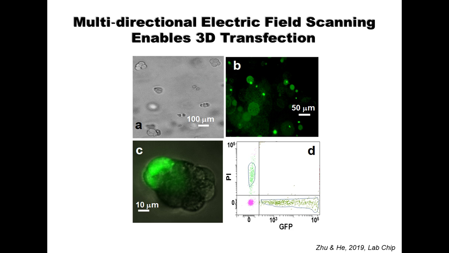So through this measurement, we can count the cells that were transfected, and calculate the cell transfection efficiency and also the cell viability. And this is very useful, especially for tissue engineering, because the cells need to be transfected with a certain plasmid to regulate tissue function.